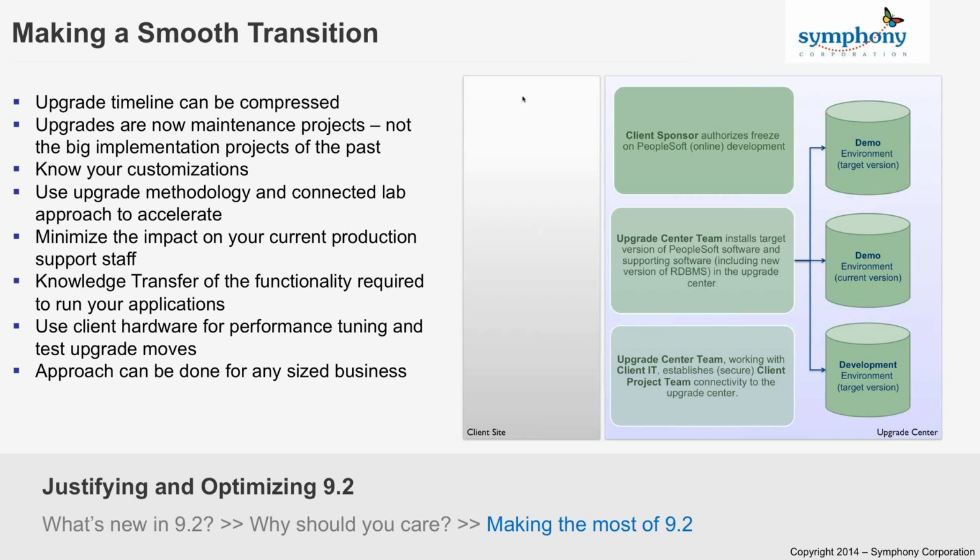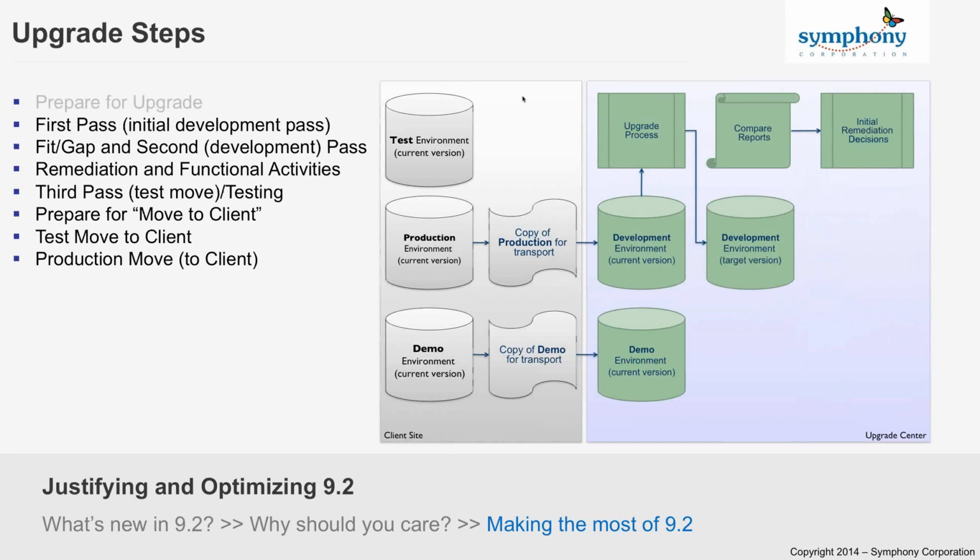Well, now with 9.2 and our lab-based upgrade, you can do the whole thing in a much compressed timeline. We take a copy of your current environment, your demo environment, and we put it on our already optimized servers. We have a fully patched image of the new demo environment from using the update manager, and we run the first pass of the upgrade.